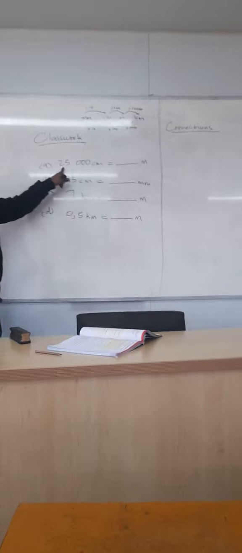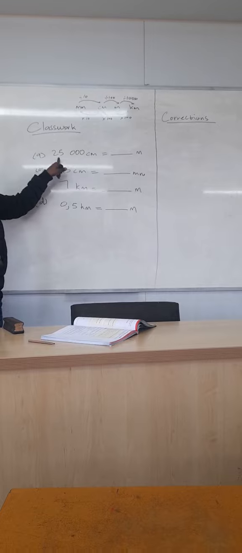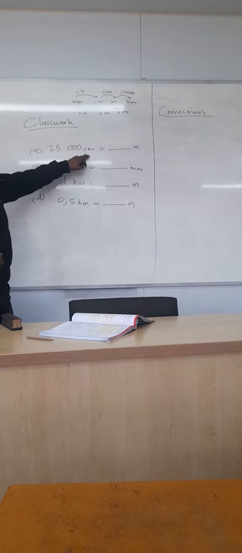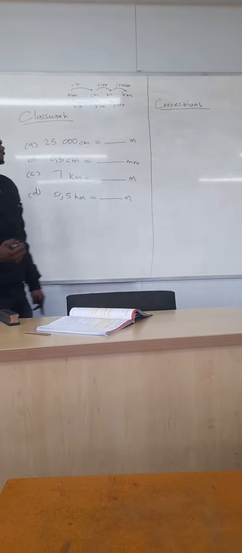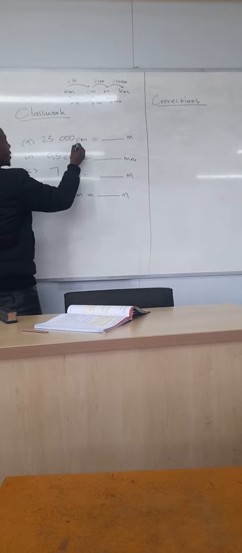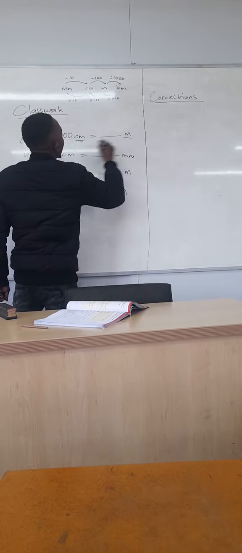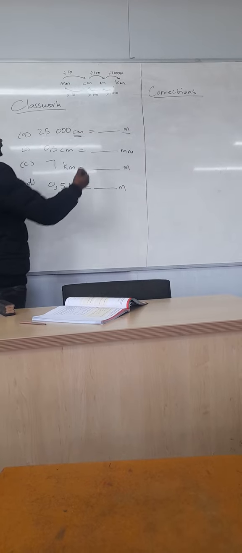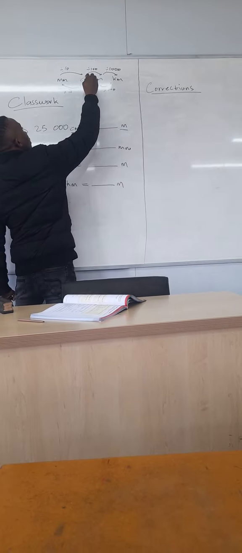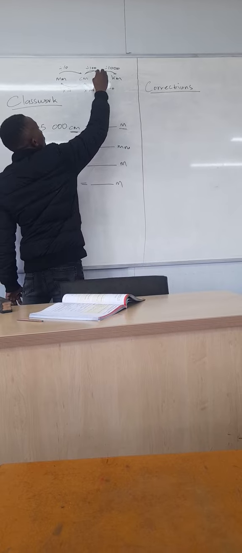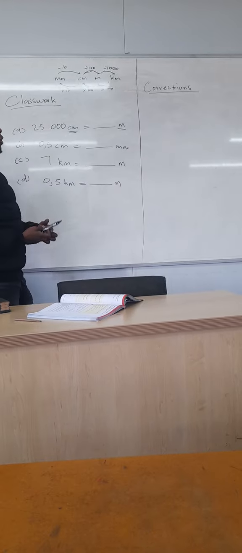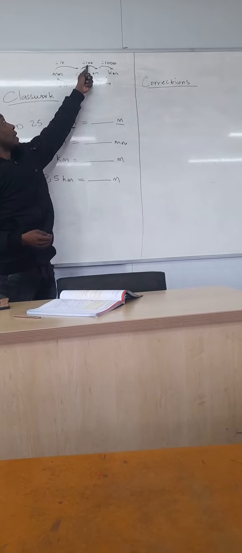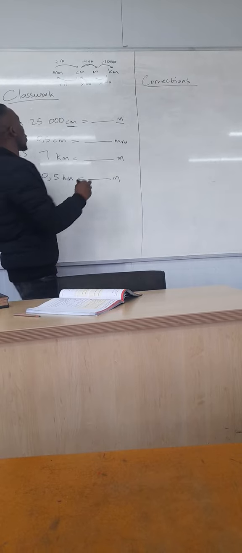We have 25,000 centimeters to meters. We need to move from a centimeter to a meter. So moving from a centimeter, we're going to use this side. Centimeter to a meter. Meaning we're going to divide by what? 100.